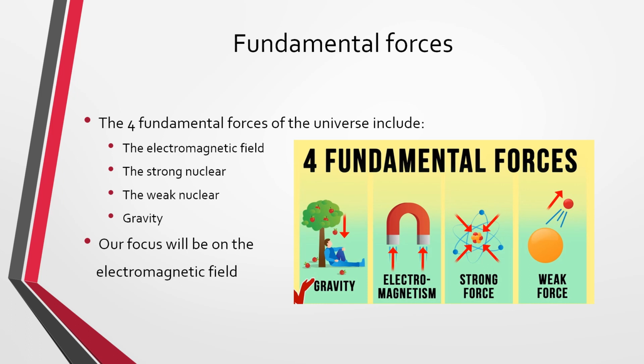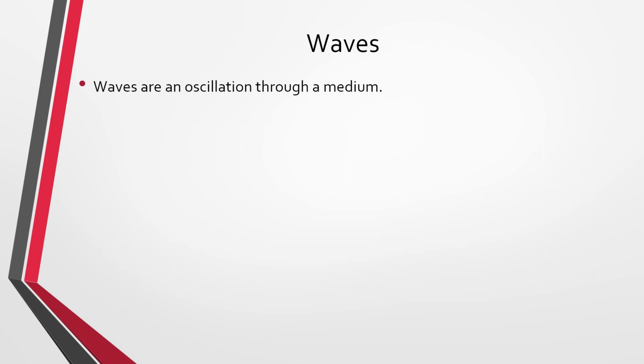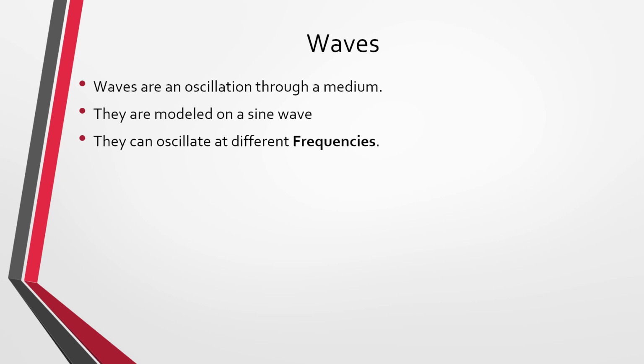With that focus, we will take a little step back and talk about waves in general. Waves are an oscillation through a medium. They are modeled on a sine wave, and they can oscillate at different frequencies.